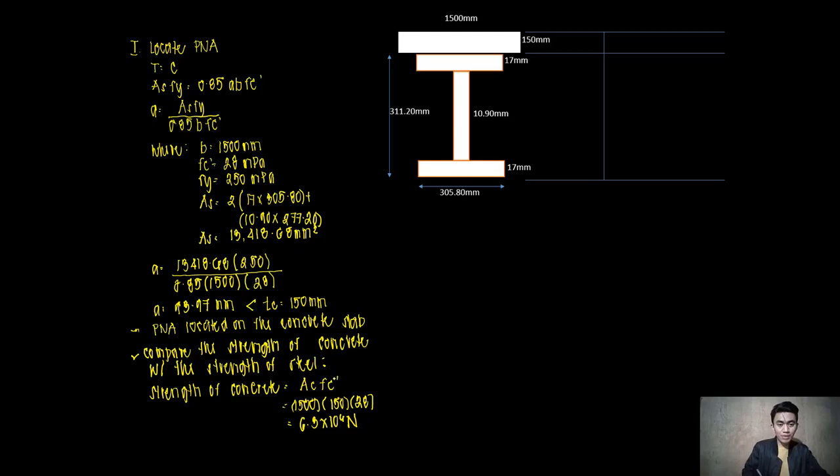So what's next? Compare it with the strength of the steel section. If we are going to compute the strength of the steel, that is just the area of the steel times Fy. What is the area of the steel?